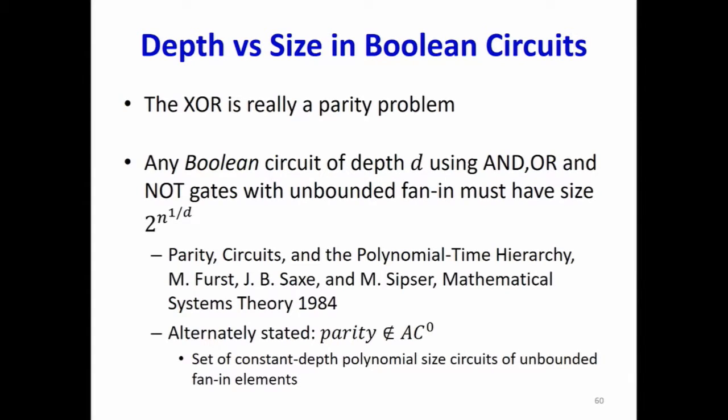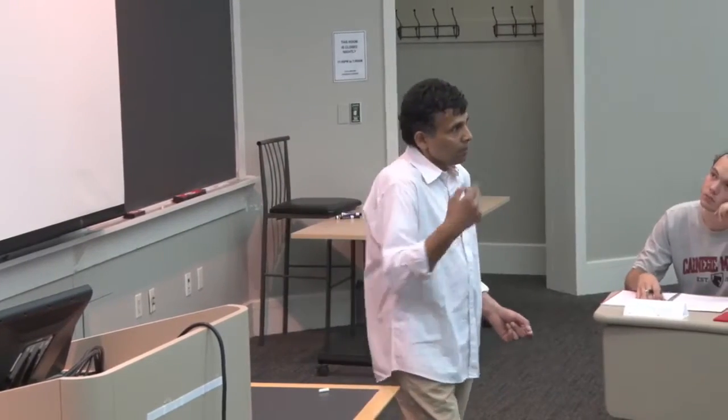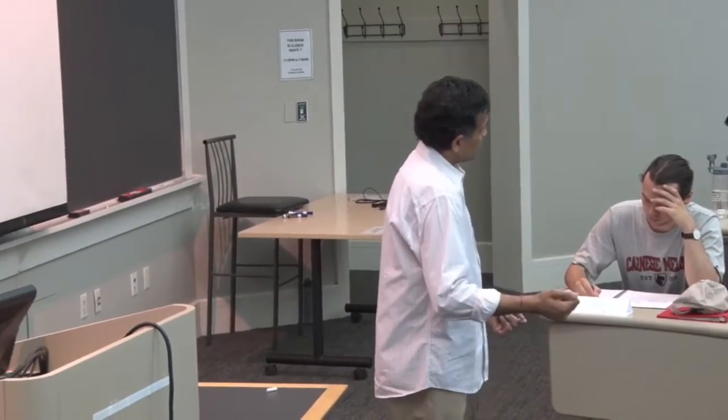Which basically means that when I fix the depth to D, the size becomes exponential in n. The only way you can keep it limited is if D is a function of n, in which case n raised to 1 over D can become something manageable. But if you fix D, then it becomes exponential in n.